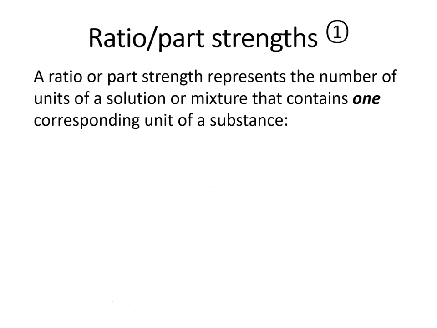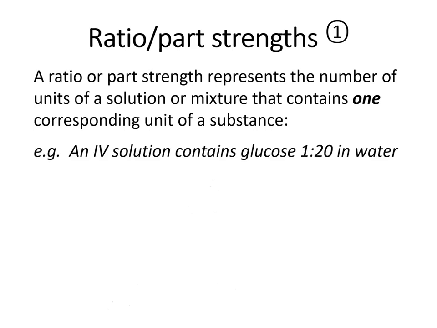Ratio or part strengths can be expressed in two ways. Firstly, as a ratio or part strength that represents the number of units of a solution or mixture that contains one corresponding unit of a substance. For example, an IV solution contains glucose 1 in 20 in water.